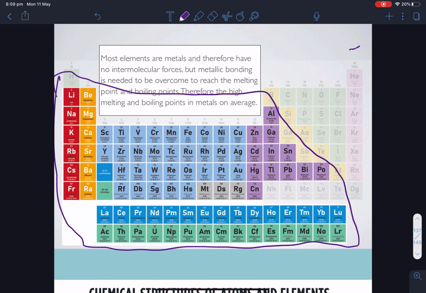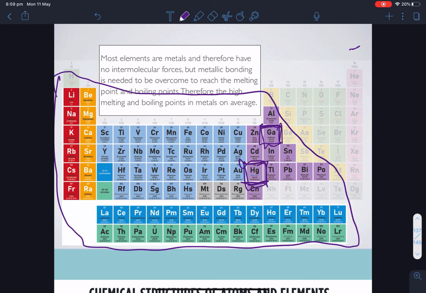And so there's a wide range of different melting and boiling points. I talked about that just recently, didn't I? I think in the last video. So the lowest metal you've got is mercury, which is a liquid at room temperature, and then you've got stuff like gallium, which has a boiling point in the late 20s degrees Celsius, so before 30 degrees. I think there's another one too.